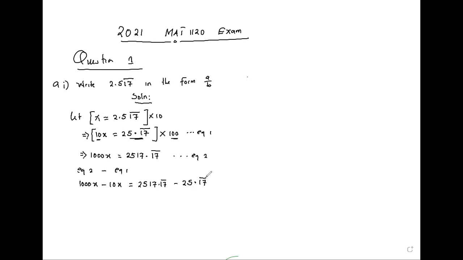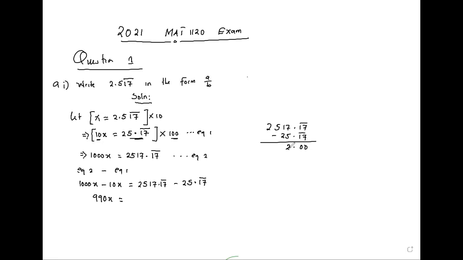Okay, so you do 1000 minus 10, we get 990x is equal to 2517.17 bar minus 25.17 bar. So this is 0 here, 0, and then 7 minus 5, we get 2.